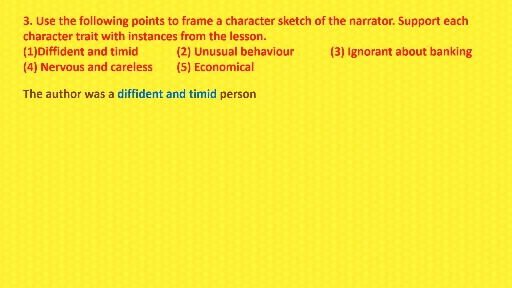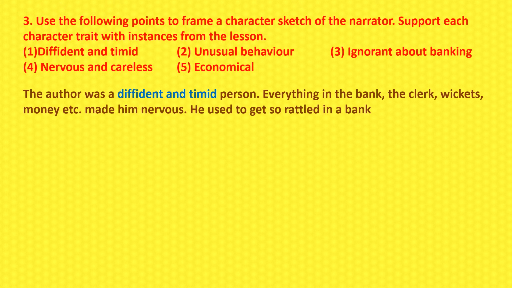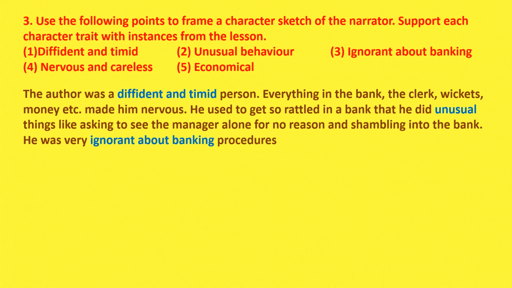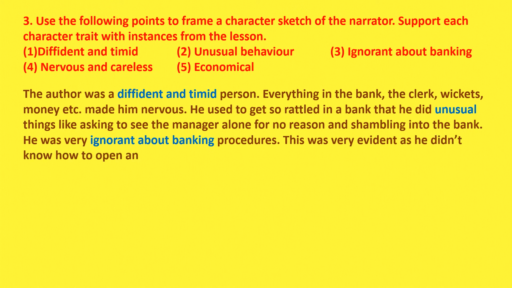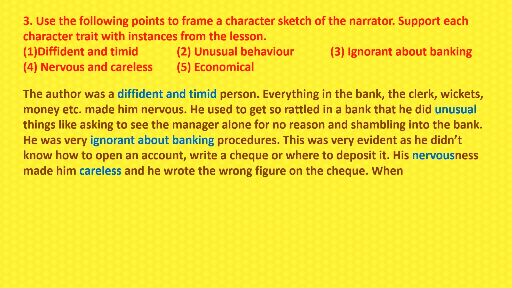The author was a diffident and timid person because everything in the bank, the clerk, the wickets, money, etc. made him nervous. He used to get so rattled in the bank that he did unusual things like asking to see the manager alone for no reason and shambling into the bank. He was very ignorant about banking procedures. This was evident as he didn't know how to open an account, write a check or where to deposit it. His nervousness made him careless and he wrote the wrong figure on the check.